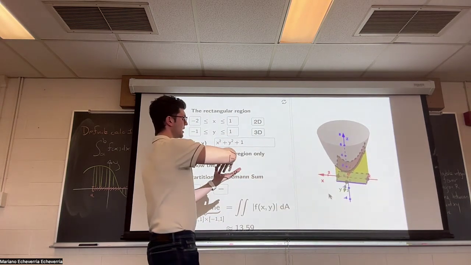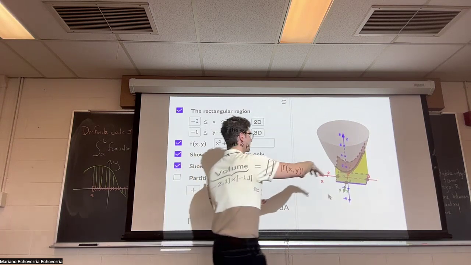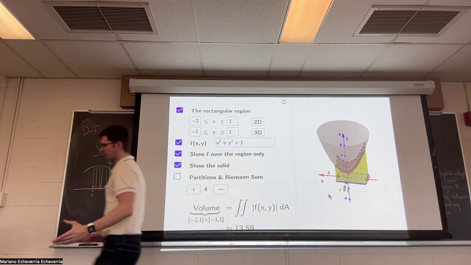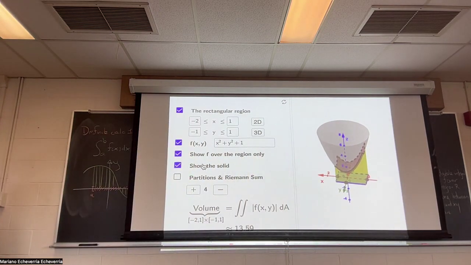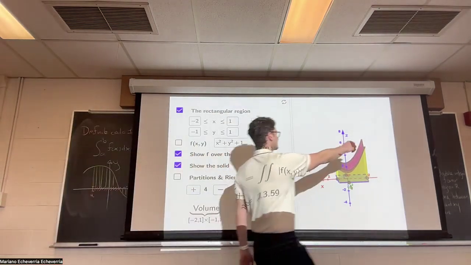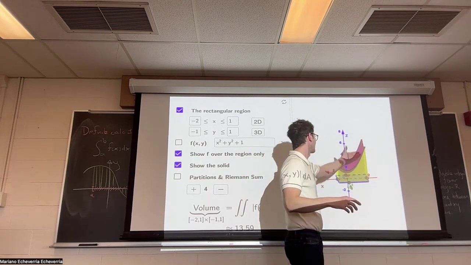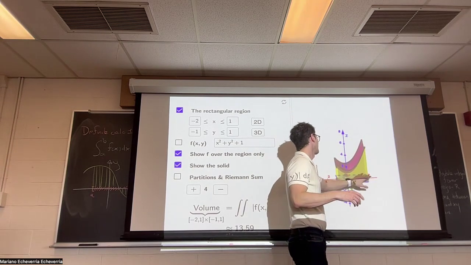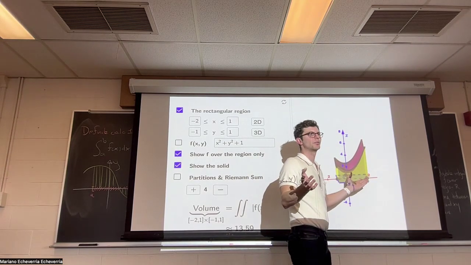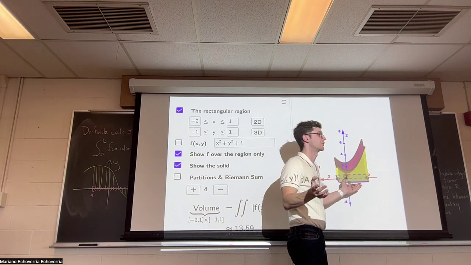So there is some region of the graph that's above this rectangle, which is this piece, and the volume between this surface and the rectangle is what the double integral is supposed to compute for you.